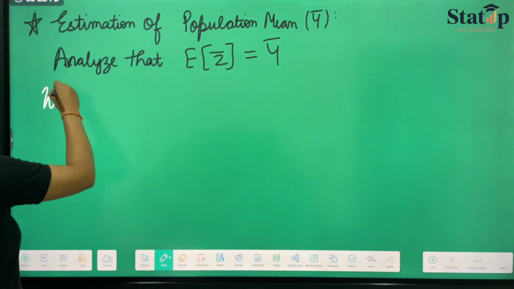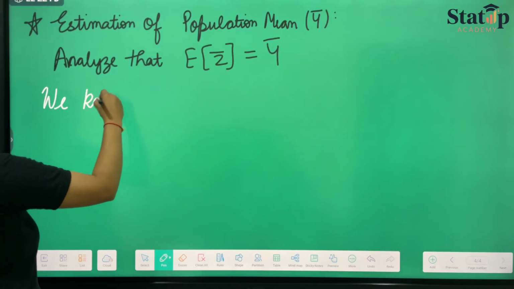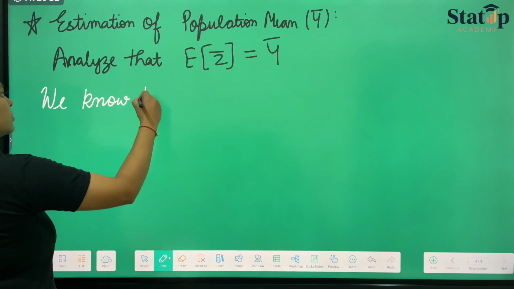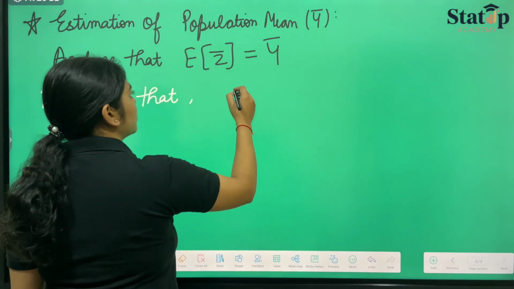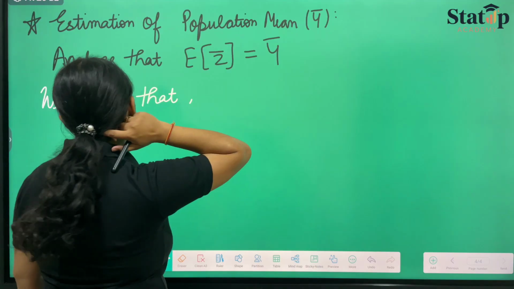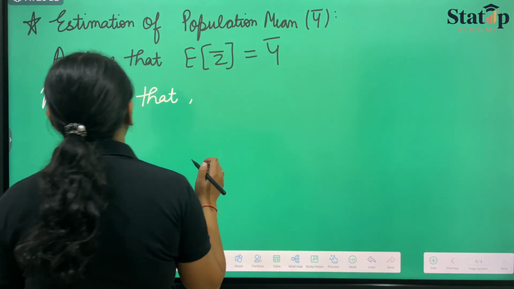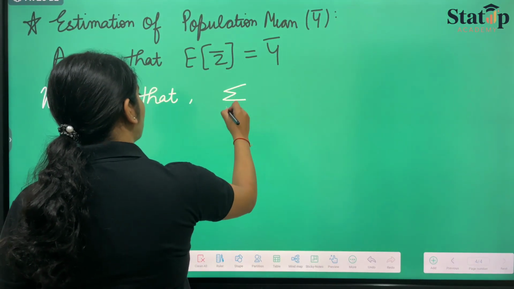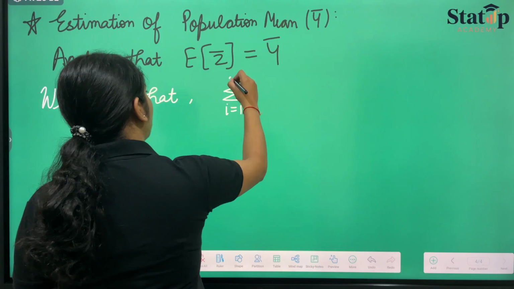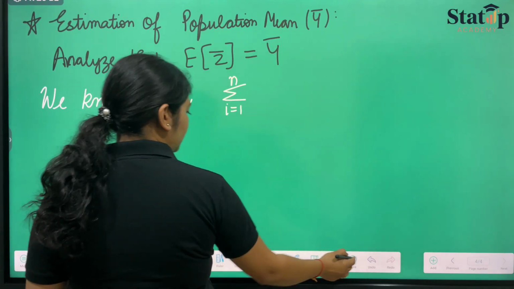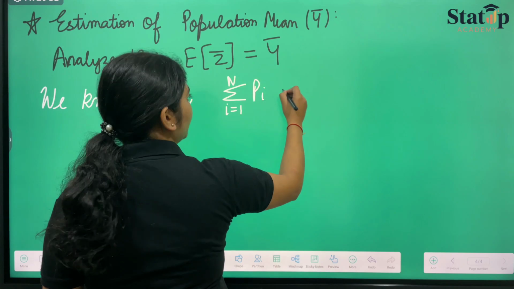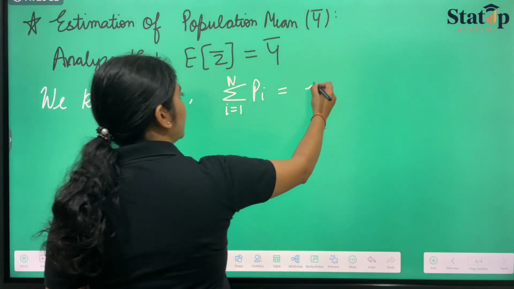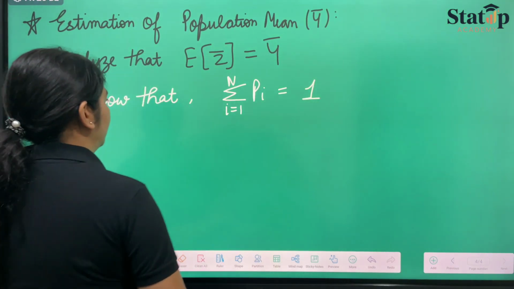So we know that summation i goes from 1 to capital N of pi, the probability of selection of ith unit, is nothing but equal to 1.